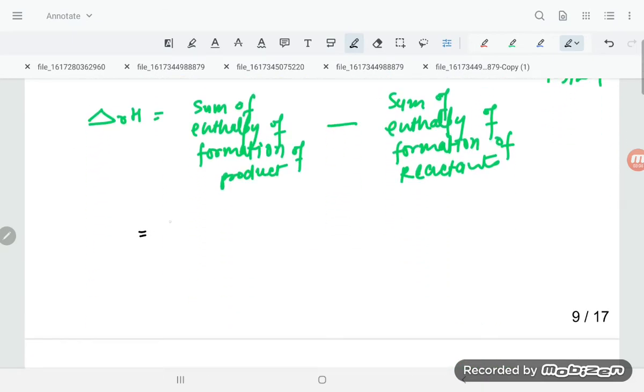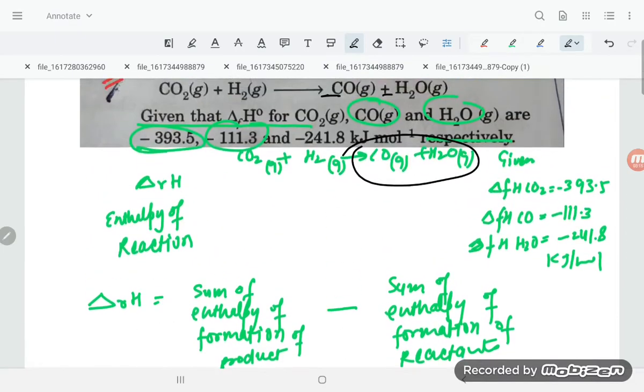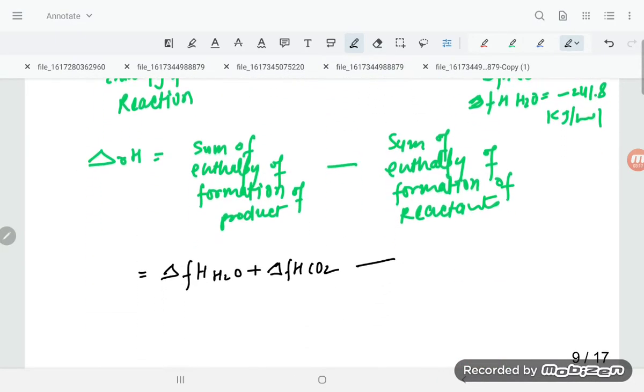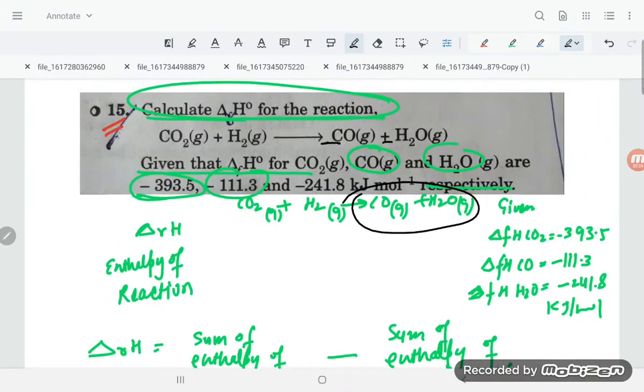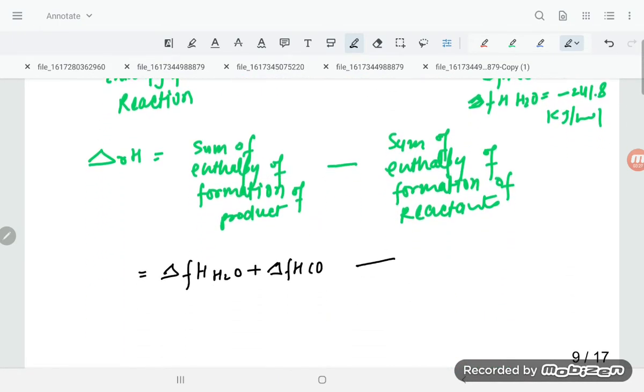So we can write ΔfH of H2O plus ΔfH of CO, not CO2, this is the CO. Now let us look at the reactants, H2 and CO2. We write ΔfH of CO2 plus, in the middle bracket, ΔfH of H2.